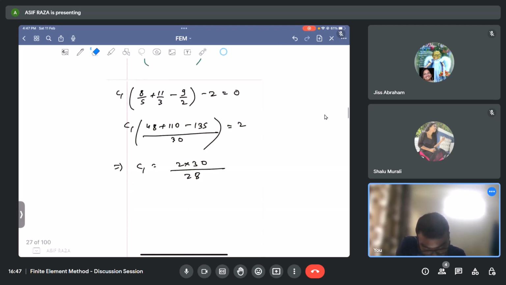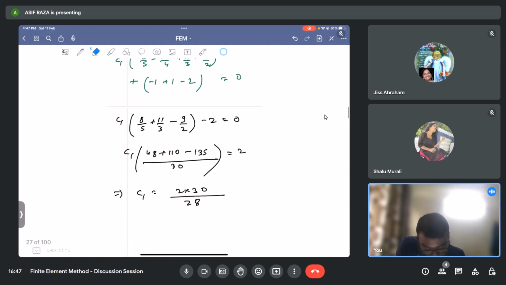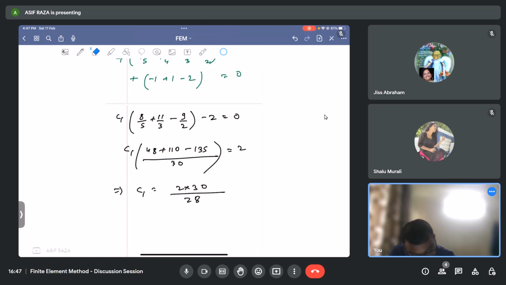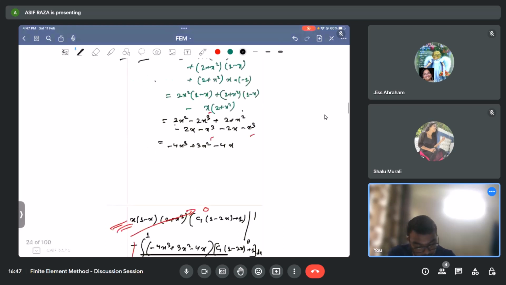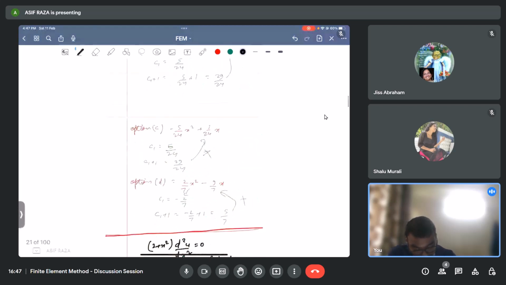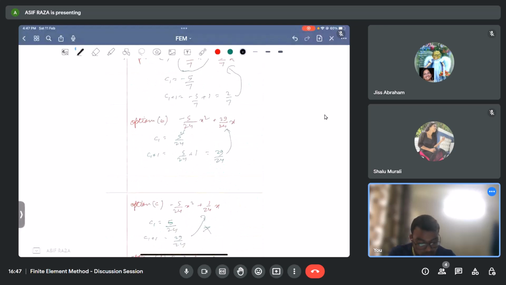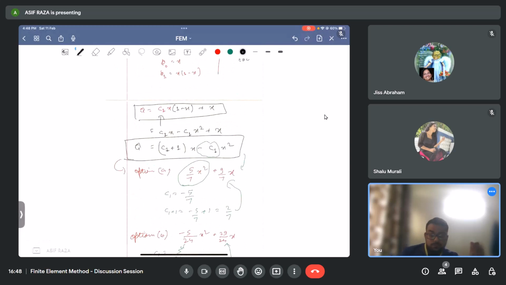Have I made a mistake somewhere? 58 minus 35 is 38. 38 is giving 23, but it should come out as 5 by 24. Made a mess somewhere. Let me see.